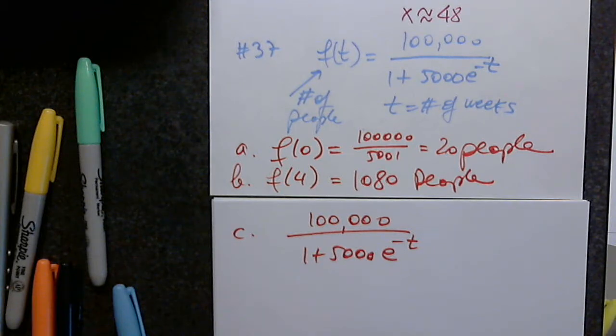I will plug in 60 weeks. I will plug in 70 weeks. I will plug in 2,000 weeks. So what is the maximum number of people, according to this model, that can get ill? 100,000. What is that for this function then?